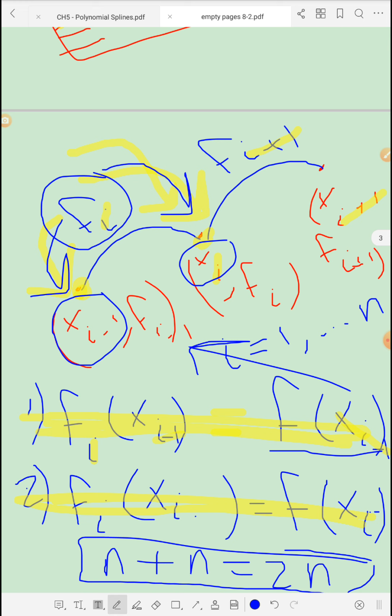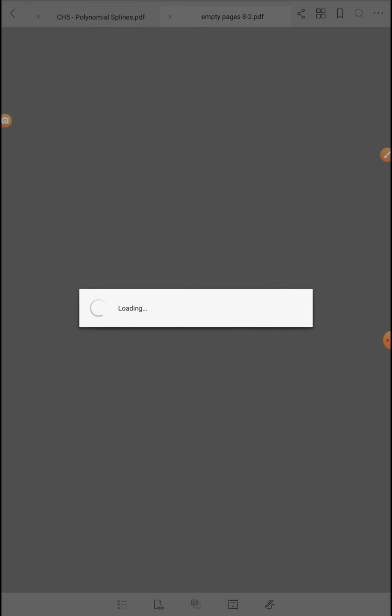So for each polynomial there will be 2 equations, and their number is n. So this means that we will get 2n positional conditions, that the relative polynomial is passing through 2 data points, one from the left and one from the right. So in the first case, we will get 2n conditions regarding the position condition.